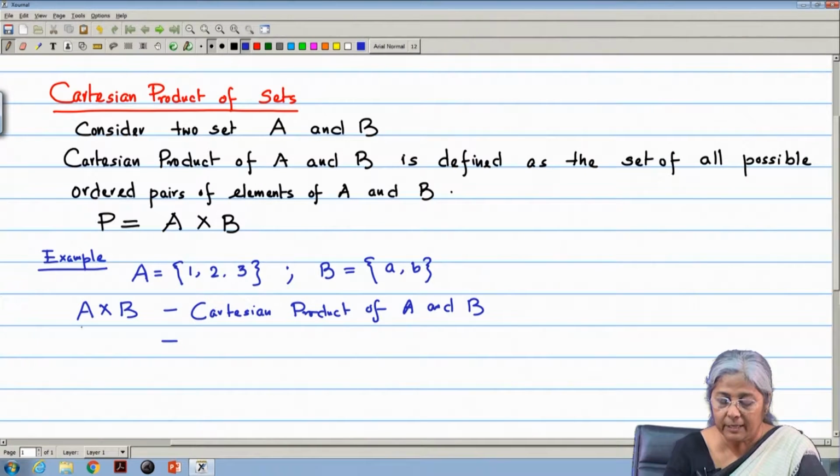Since A comes first, it is an ordered pair.